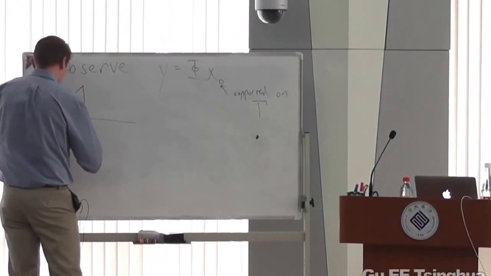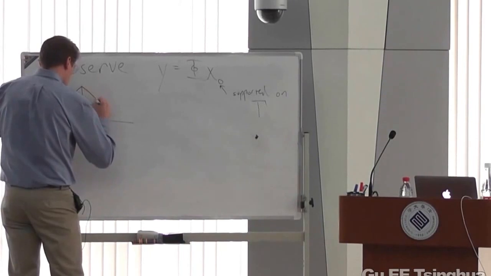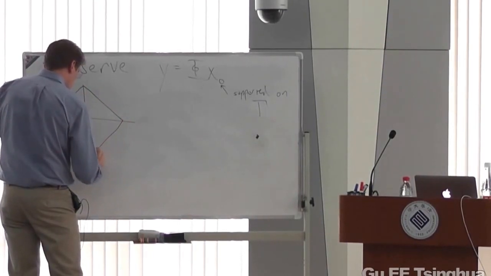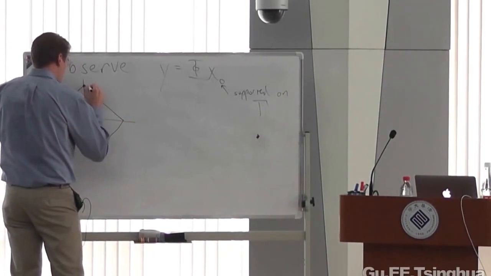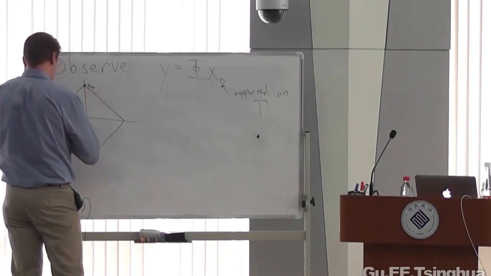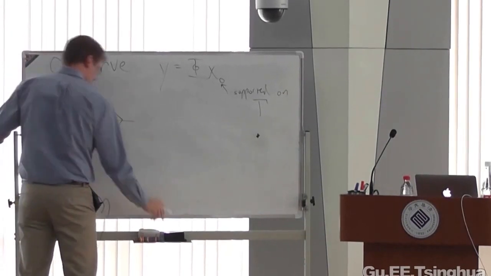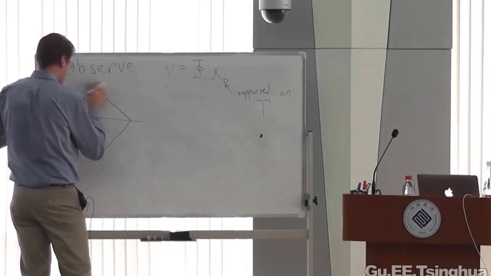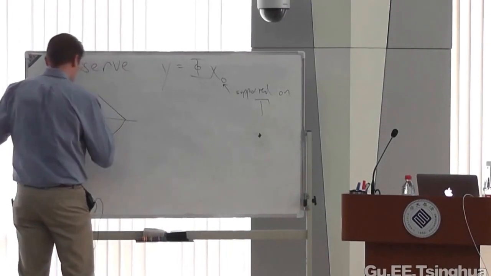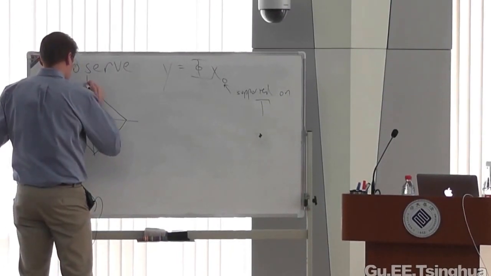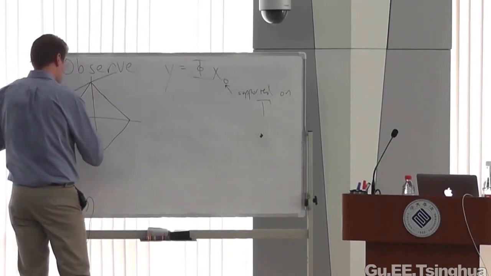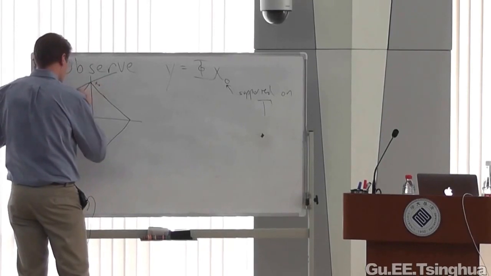So here's a sort of baby picture in R2. This is my sparse vector x naught, right here.